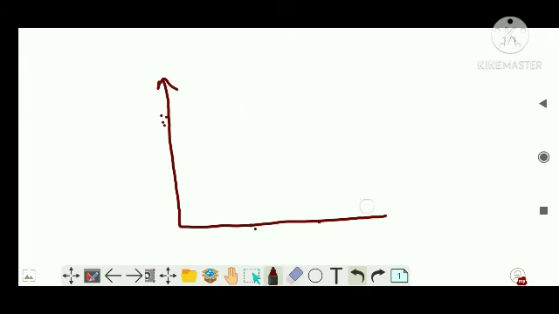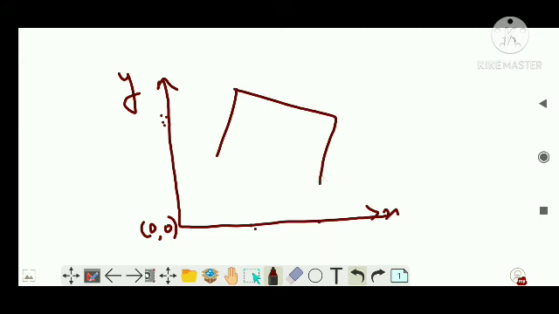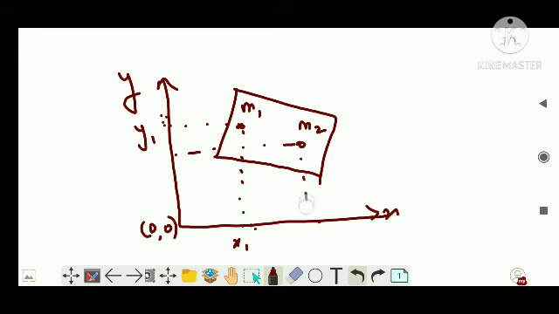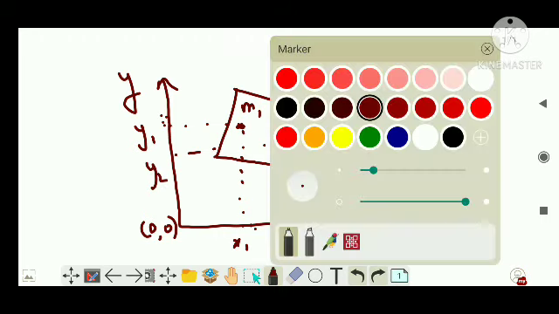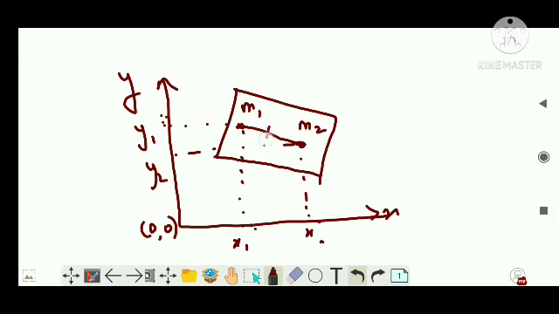See, the same scenario: this is the y-axis, this is the x-axis, and this is the origin 0, 0. Let's say we have an object like this with two particles, m1 and m2. m1 has coordinates x1 and y1, and m2 has coordinates x2 and y2. The center of mass will also be lying between them around here, so it will also have an x coordinate and a y coordinate.